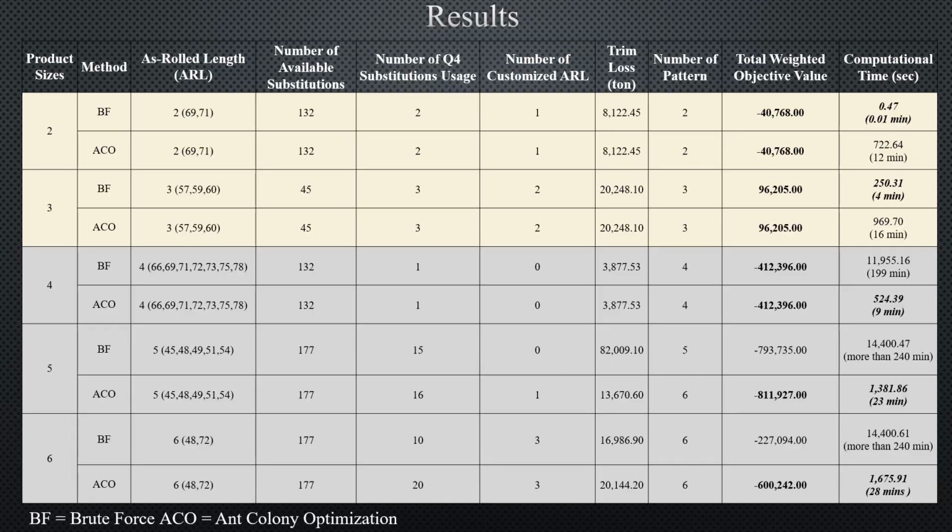Furthermore, a major highlight of our optimization model is that every experiment successfully utilized quadrant 4 substitution and several scenarios effectively integrated customized ARL, both of which were strategies completely omitted in the company's legacy traditional planning process.